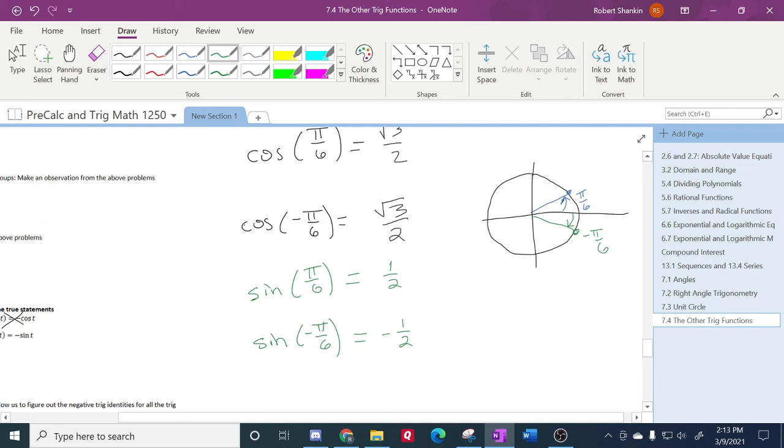Now, this certainly looks logical since it's a quadrant 1 angle. But even if I had quadrant 2 angles, or any quadrant angles, let me just show you real quickly in a quadrant 2 angle. If this was my angle that I was looking at, versus the negative of that angle, one's going to be up, one's going to be down.